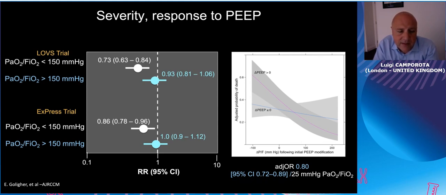You can see on the left-hand side, these patients have got higher chances of responding to PEEP. And also, you can see on the right-hand side, if the PEEP increase is associated with an improvement in PF ratio, then these patients normally will have a reduction in the adjusted probability of death.